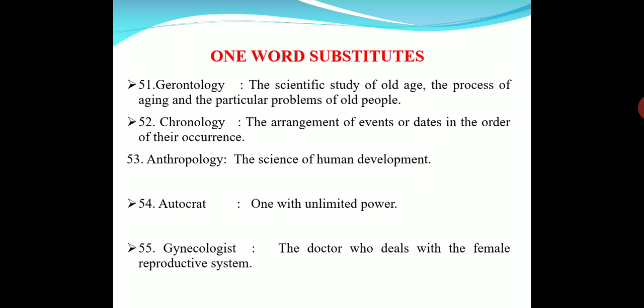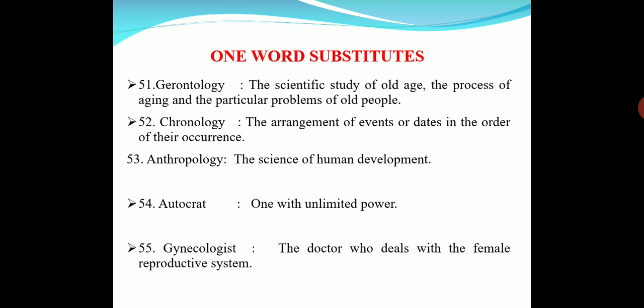Gerontology. Gerontology is the scientific study of old age, the process of aging, how people become old, and the particular problems of old people. What are the particular problems of old people? The scientific study of all these things is called gerontology. Chronology.